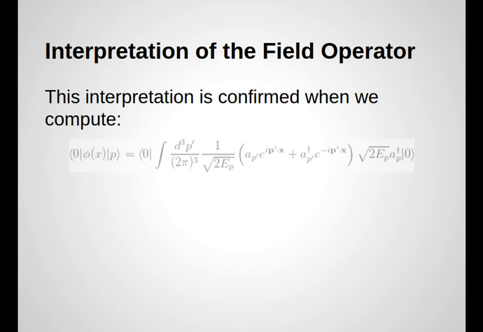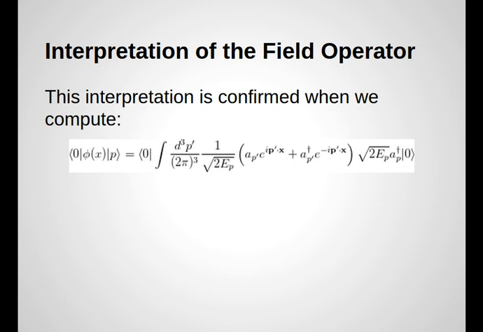Right? And actually, you can confirm it if you go to compute this. If I take that one particle state and I overlap it with another p state, what I'm doing is taking that expression I had before and flipping it over to a bra, and then hitting it on a one particle state, right?